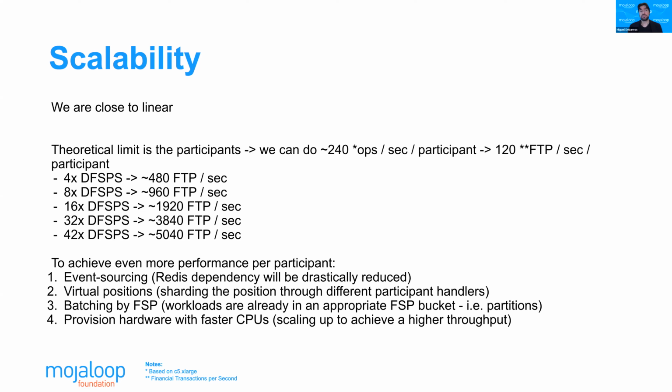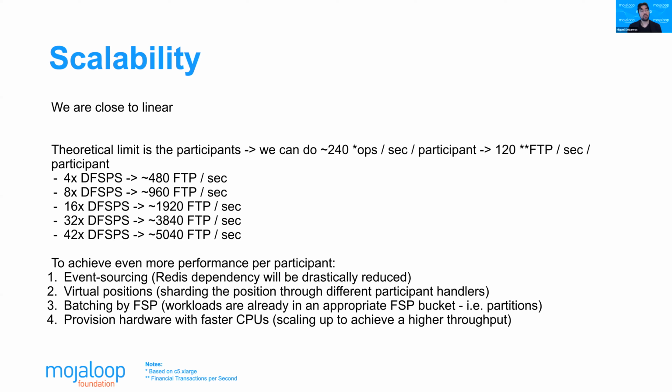Two is the virtual positions. Instead of having one participant handler that handles one specific FSP's calculations, we can shard the position across different participant handlers by setting up virtual positions. Therefore we're spreading the load, and we can optimize that and process, in theory, more transactions per second for each FSP.